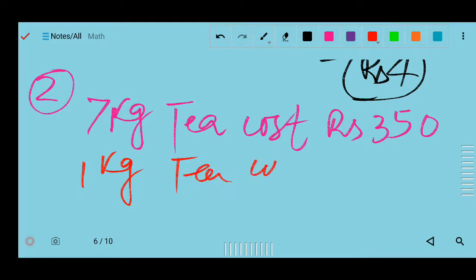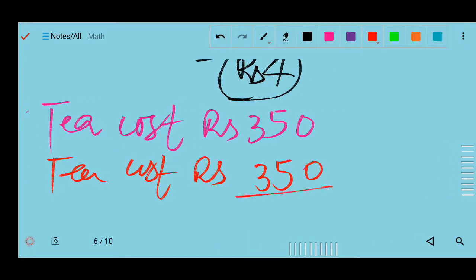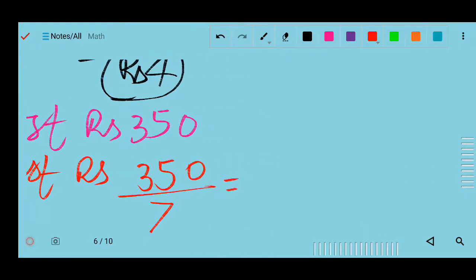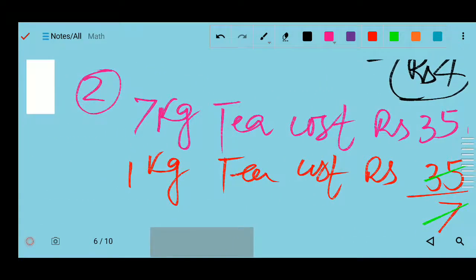Of course it will be less, because the cost of 7 kg is 350, so the cost of one will be less, which means we divide. So 350 will be divided by 7, and you will get rupees 50. This is the cost of 1 kg.